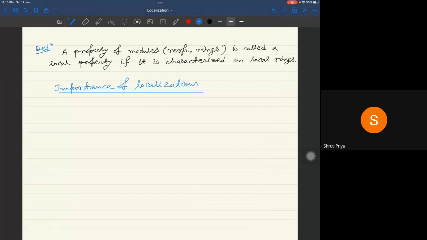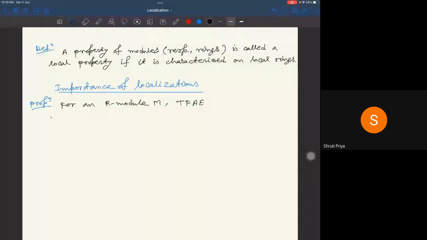So what I mean is that you can just reduce it to local rings, and over local rings we have many nice theories we can use. So for example, you have this proposition: you consider an R module M, then you want to verify whether this module is 0 or not.